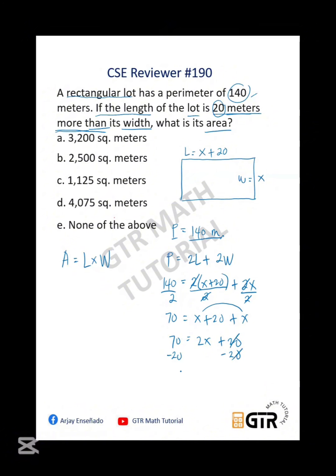So we have 70 minus 20, that is equal to 50 equals 2x. And then divide both sides by 2. So therefore, the value of x, the width, that is equal to 50 divided by 2 is 25. So therefore, the width is equal to 25 meters and then the length is equal to 25 plus 20. So the length is equal to 45 meters.